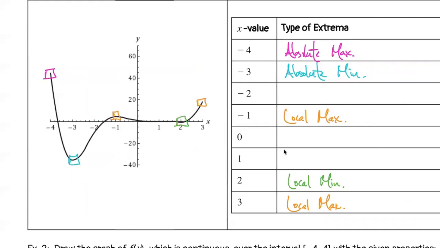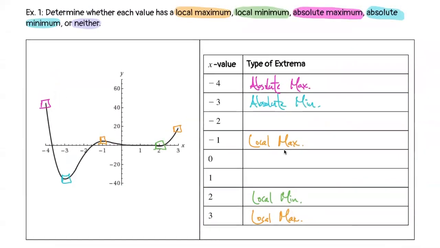Are there any other local minima? What are our thoughts? Any other local minima? Yeah, I don't think so.